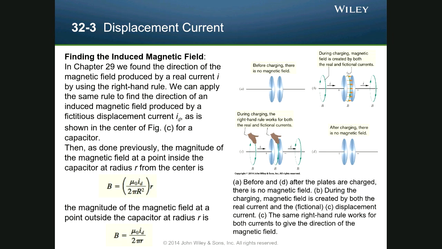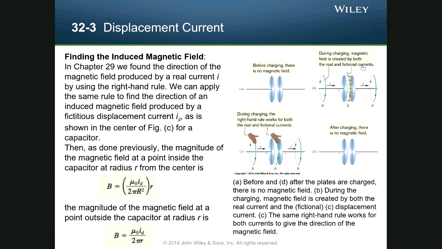So as we go forward, this is what I was waiting for. This is the good one. You can see before charging, let's talk through these figures. Before charging, of course, there's nothing going on. There's no magnetic field here. Now, during the charging, a magnetic field is created by both the real and fictional currents.